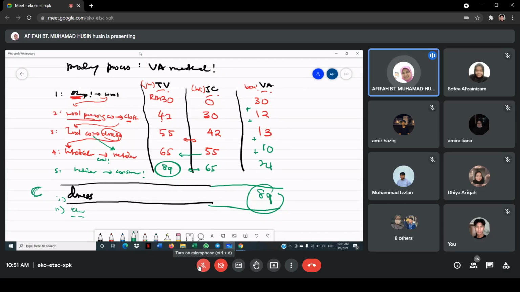So C plus I plus G plus net exports, saya dapatlah GDP. Any question? Any question, class?